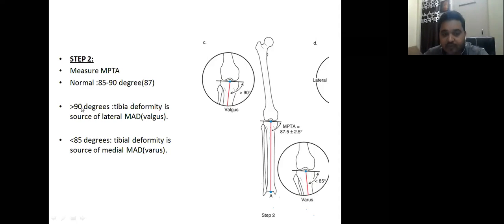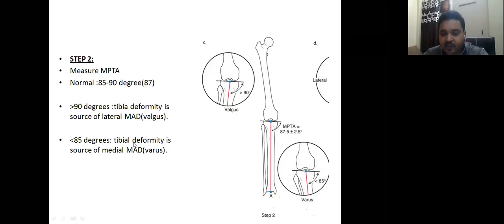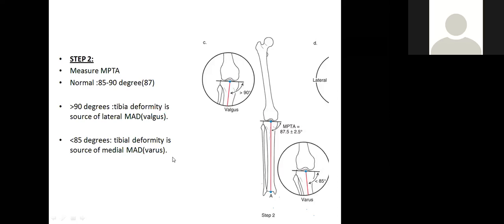If the mechanical proximal tibial angle is greater than 90 degrees, then the tibial deformity is a source of lateral mechanical axis deviation, that is valgus. And if it is less than 85 degrees, then we can judge that the tibial deformity, basically in the proximal tibia, is a source of medial mechanical axis deviation, that is varus.